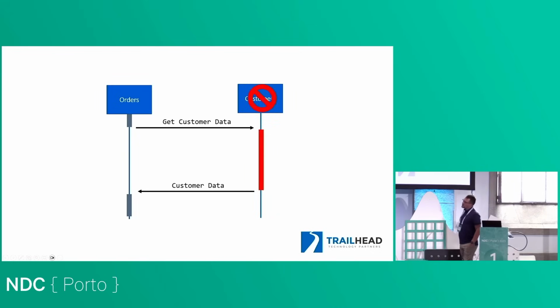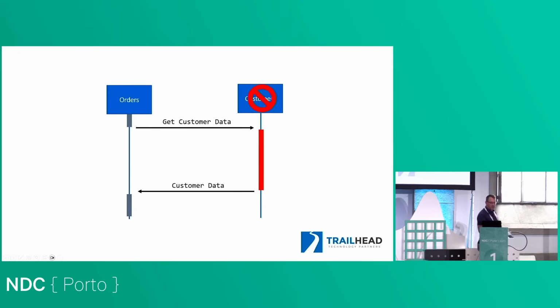Imagine what happens when this service either goes down for maintenance or has some sort of an issue or slows down significantly because of load. Now your order service is blocked, maybe forever if the customer service is down. Maybe it's just blocked for a lot longer time because the customer service has gotten busy.